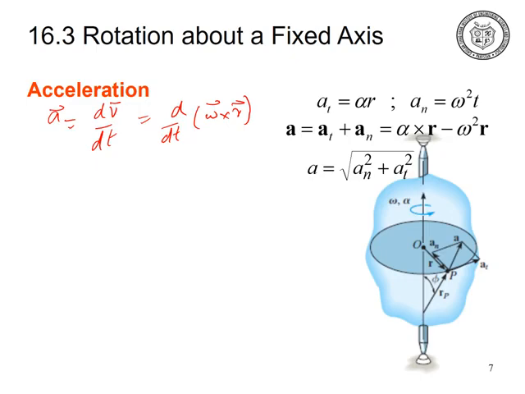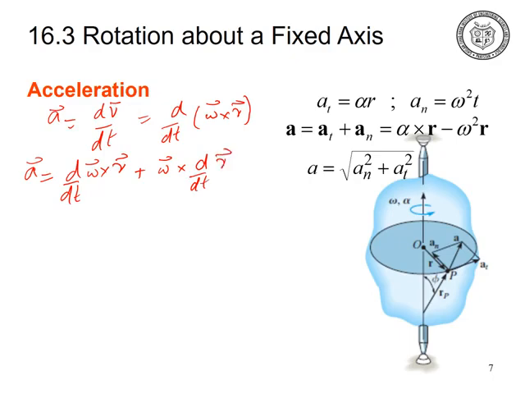Here we have two vectors that are changing with time, so we have to use the product rule. This means that a equals d by dt of omega cross r, plus omega cross d by dt of the r vector.